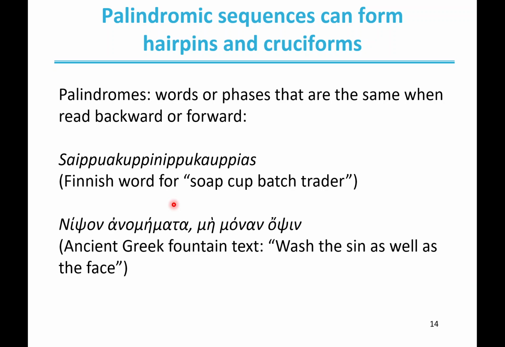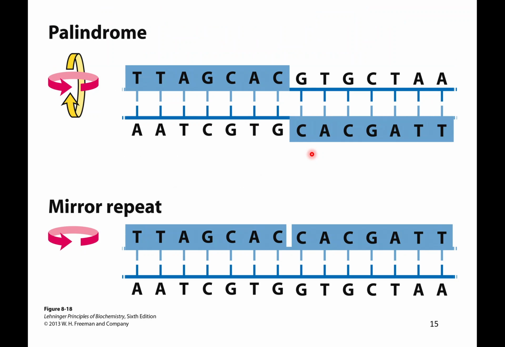All you need to know is if you have a DNA sequence that has palindromes in it, that is, it's the same forward as it is backwards, then you're going to get some superstructures formed. In particular, what are known as hairpins or cruciforms. Okay, so here we have an example of a palindrome.